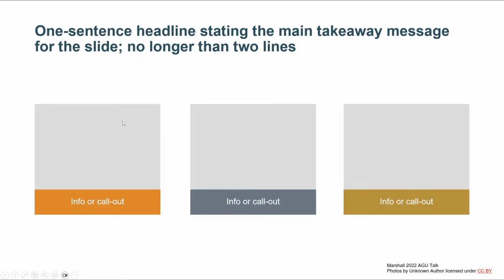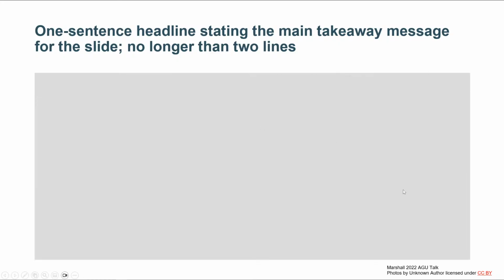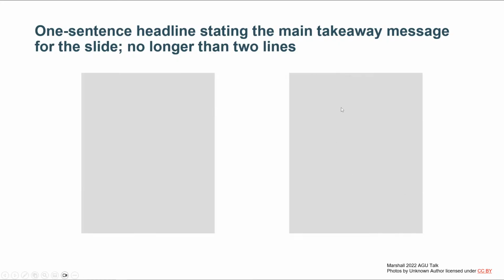So instead of having three bullet points, the idea is no bullet points. An effective presentation does not have bullet points. Instead of three bullet points, you'll have three images. Here you will have one image, and here two images, instead of two bullet points.